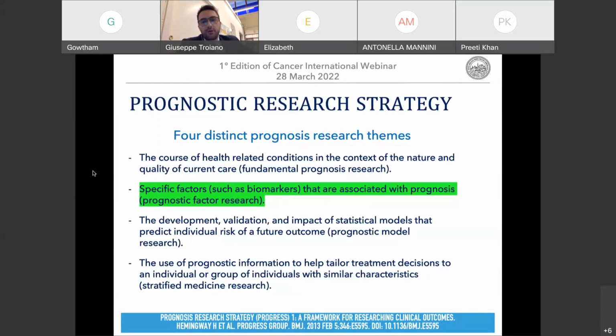We search for a specific factor that, if present in a group of tumors, can let us detect a more aggressive disease compared to the other group of tumors. We are talking about tumors of the same histology, from the same anatomic area, that are apparently very similar, but we know today that both histologically and molecularly they are different, and this can lead to a different clinical behavior.